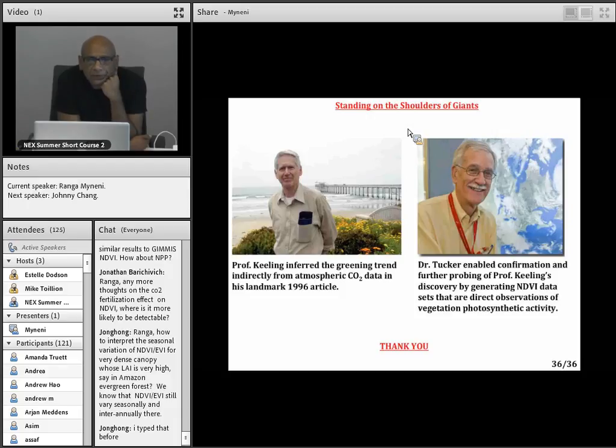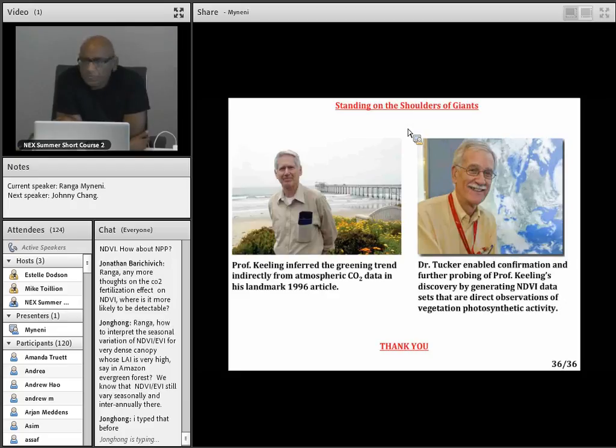The question is how to interpret the seasonal variation of NDVI for very dense canopies where LAI is very high, say in the Amazon evergreen forest. We know that NDVI is still very seasonal there. That's a good question, because these forests are very dense and the NDVI and the EVI tend to saturate.